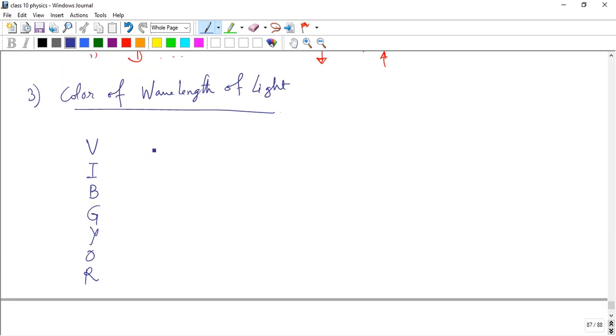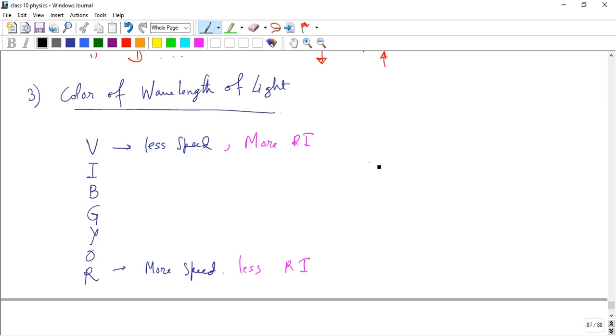We know that violet has less speed and red has more speed. Less speed means more RI, and if speed is increased, less RI. Simple.